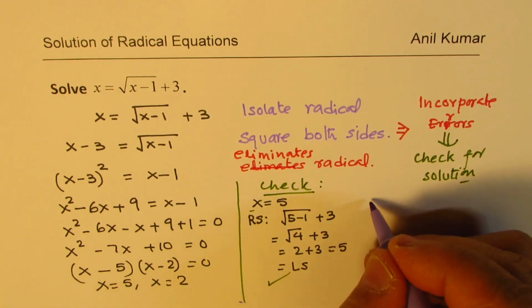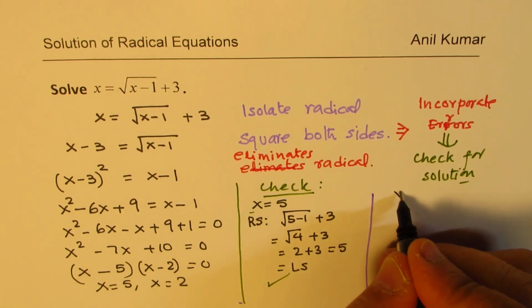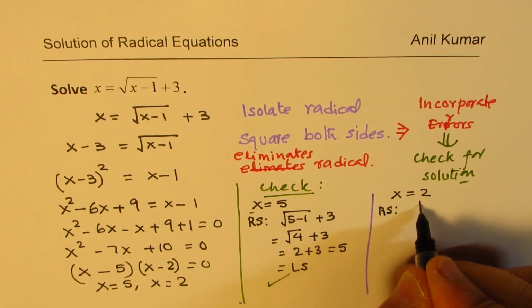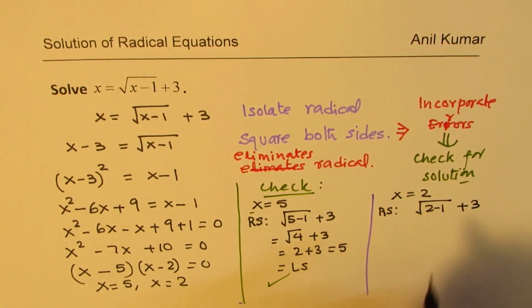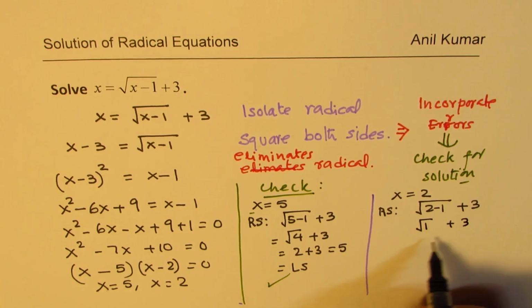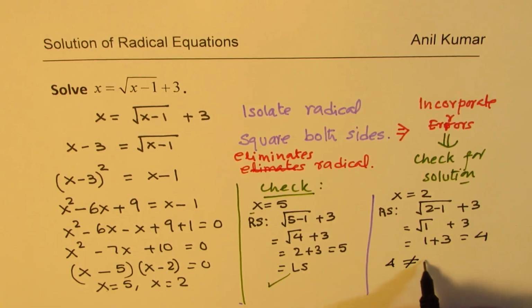Now let's do the same check for the value which we got as 2. So if I substitute x equals to 2, then the right side for me will be square root of 2 minus 1 plus 3, and that is square root of 1 plus 3, and that is equal to 1 plus 3, which is 4, right? So 4 is not equal to 2.